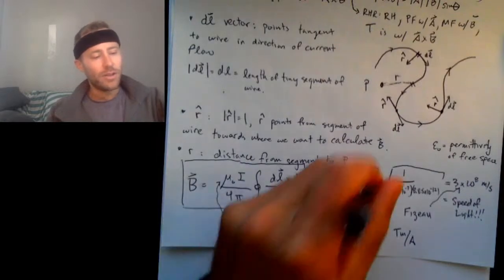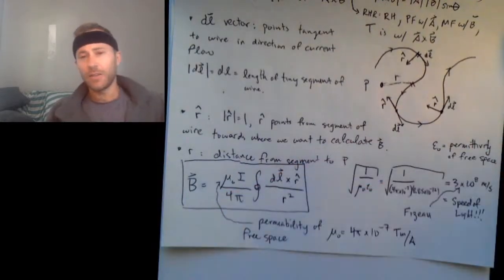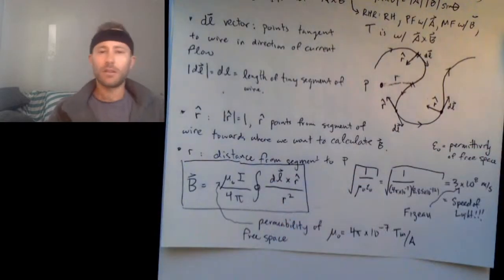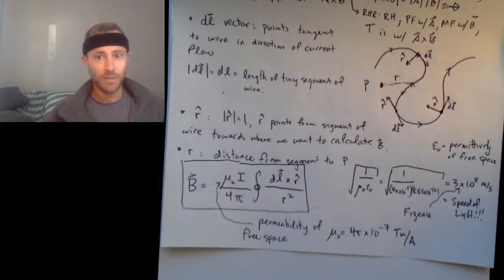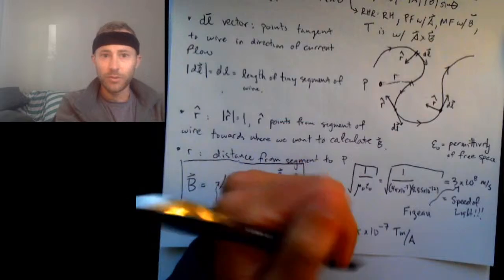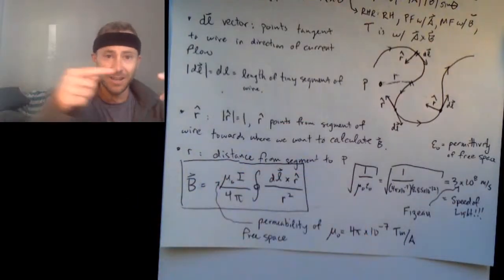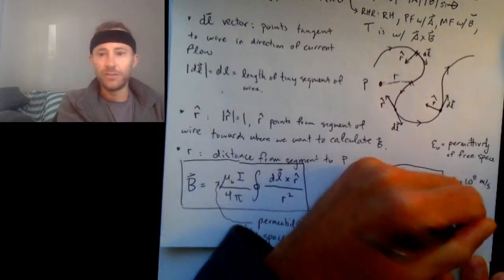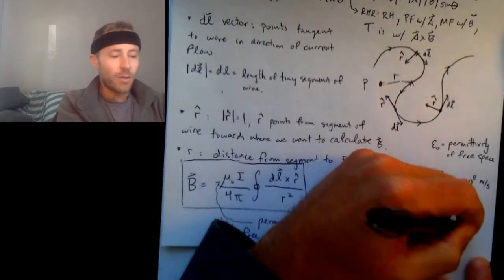And so he calculated that, and he got 3 times 10 to the 8th meters per second, which was the same as Fizeau's experimental calculation of the speed of light, okay? And then Maxwell was the first person to make the connection that light is an electromagnetic wave.